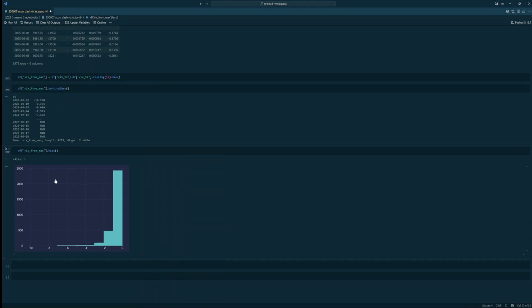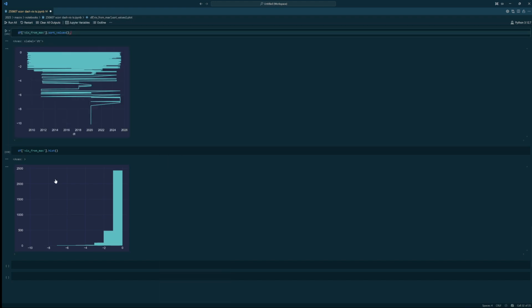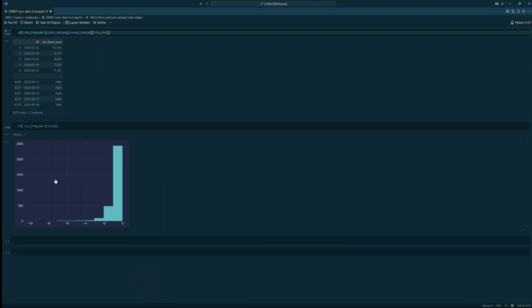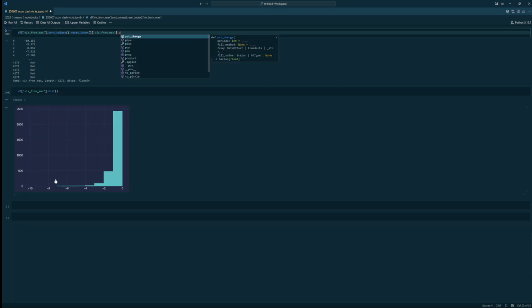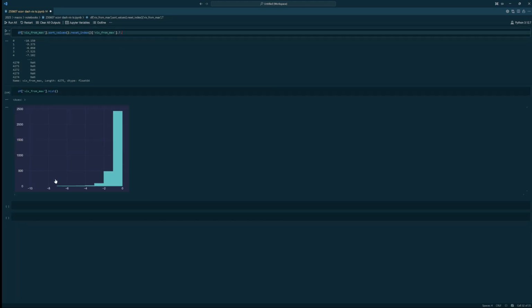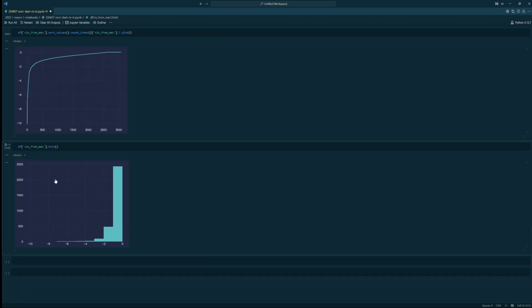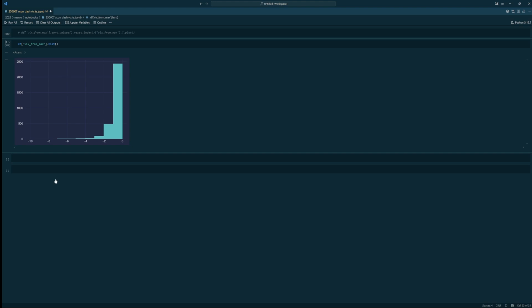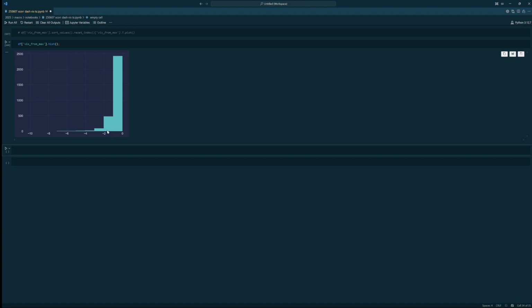Here's another way. VIX from max dot values dot plot. Okay, that didn't help me. Anyway, yeah, we can tell, like, hey, under 2, that gives us something in here.